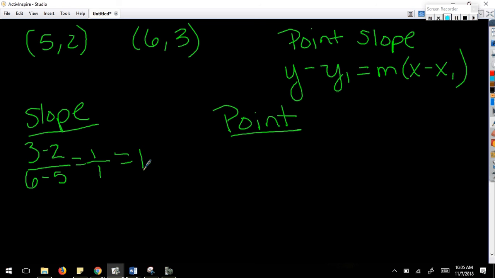Aaliyah, come pick a point. Show us what point you want to use. Come on, you just have to put the point up there. Whichever one you want to use. Okay, so what does that tell us? What does that give us in relation to our equation?